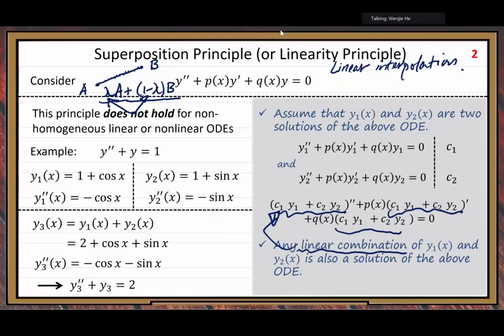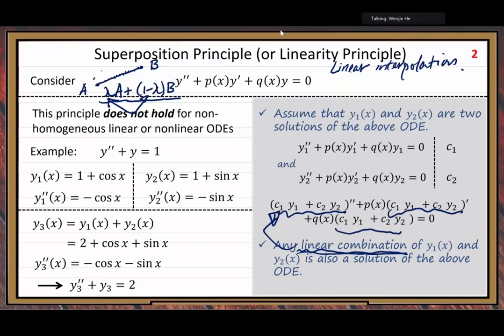If the sum is not equal to 1, that's a linear combination. In a linear combination, the sum of the two coefficients could be arbitrary numbers. But here, the sum of the two coefficients must be 1: linear interpolation.